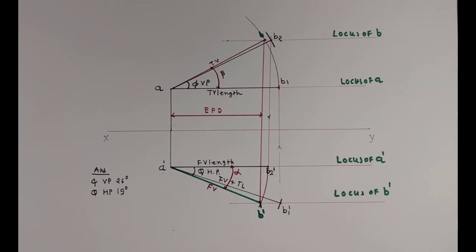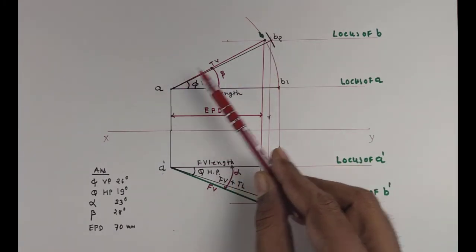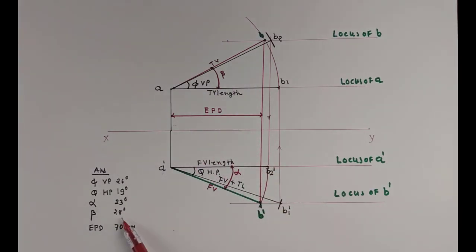Now you measure separately your angle alpha, beta, and end projector distance, EPD. Then you can write separately your answer. Your actual elevation A dash B dash is inclined to XY line 23 degrees. Your actual plan top view of line AB is inclined to XY line with angle beta 28 degrees, and end projector distance EPD is 70 mm.